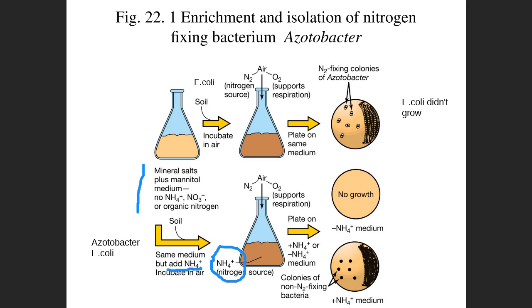After that, you take 1 ml, a small amount from the liquid, and put it on the plate, and you streak them on the plate. Usually you put 0.1 ml on the plate.